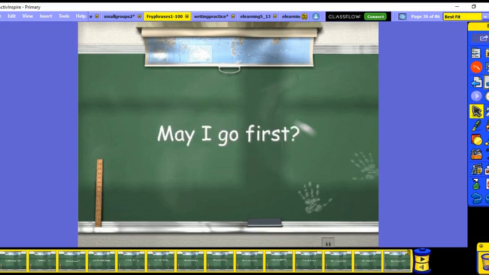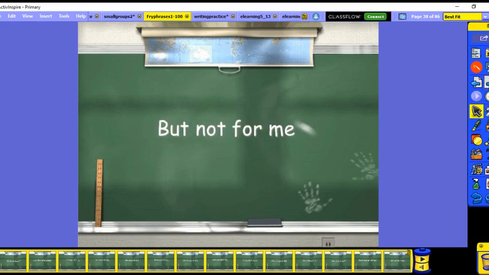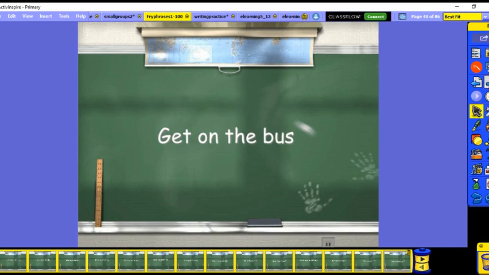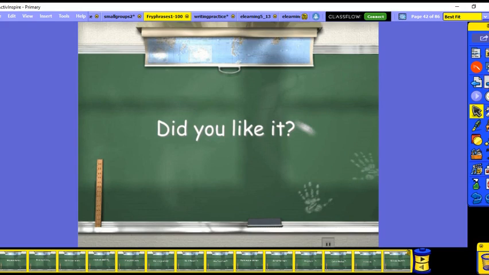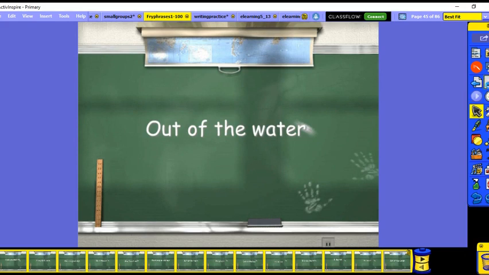Up in the air. May I go first? There was an old man, but not for me. The people. Get on the bus. It's no use. Did you like it? I like him. He has it. Out of the water. She said to go.